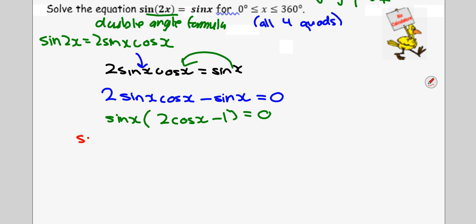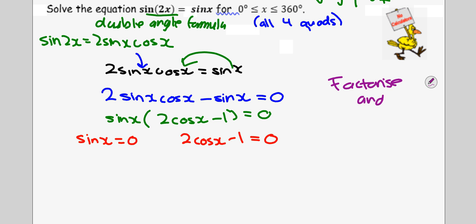So you could break it up: sine x equals 0 and 2 cos x minus 1 equals 0. Factorize and solve.